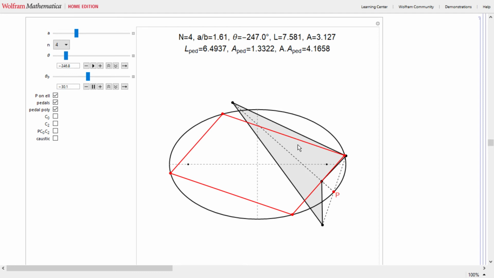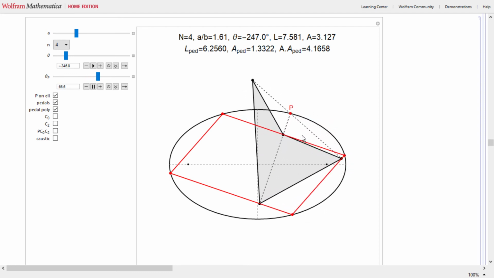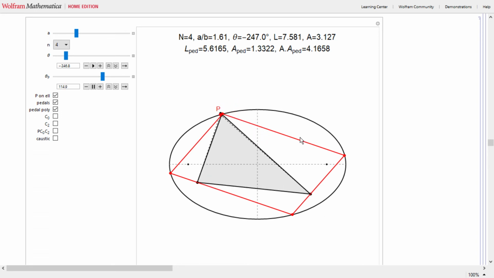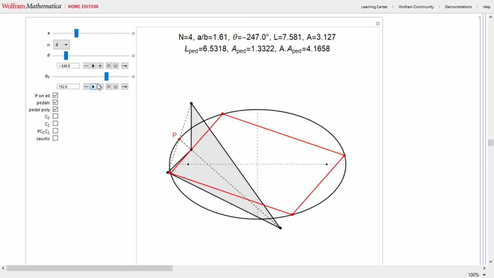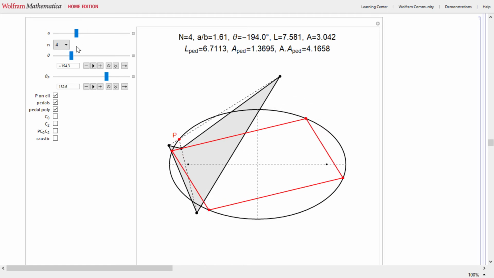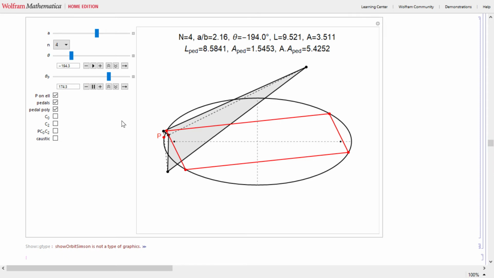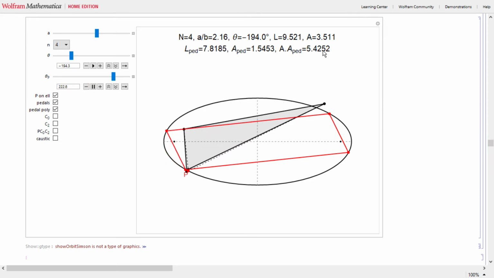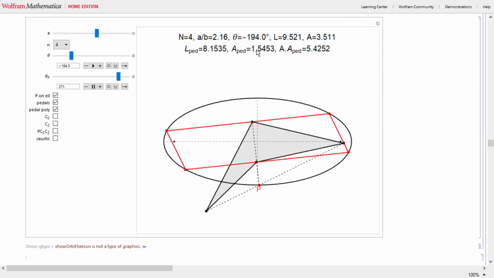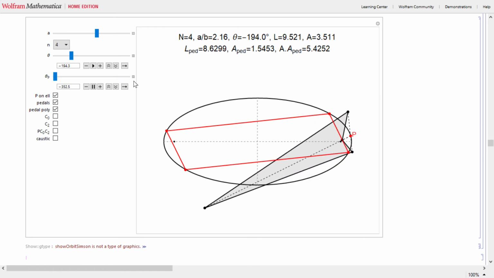This is trivial, but what's not immediately obvious is the area of that pedal polygon is invariant, and I can choose another position for this parallelogram, and I can change the eccentricity of my ellipse, and as I animate P, I get the same phenomenon. The area of the pedal polygon over all P is invariant.